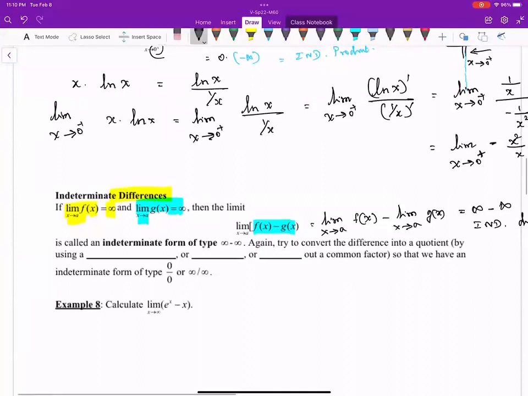Again, we need to bring this into quotient form. Only then can we apply L'Hopital's rule. It's called an indeterminate form of type infinity minus infinity. Again, we can try to convert the difference into a quotient by using the following techniques. For this difference, you can apply a common denominator.